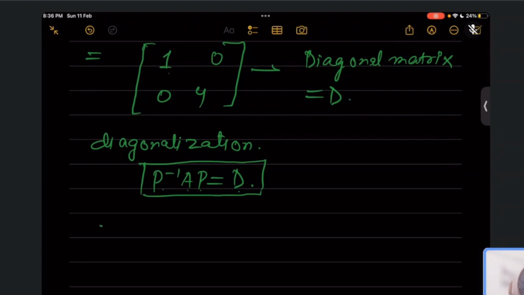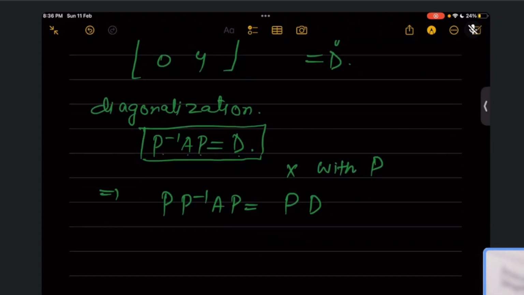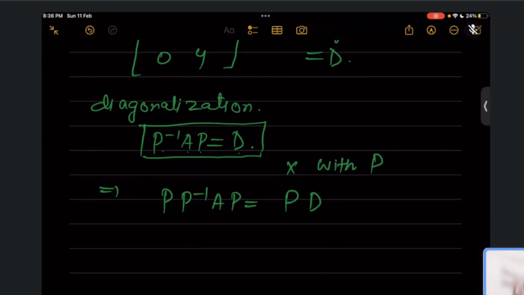After this, what can we do? We can pre-multiply on both sides with P. So that is P into P inverse A P, and here it will be P into D. Correct? Now, this P P inverse will be I. So it will be A P is equal to P D.